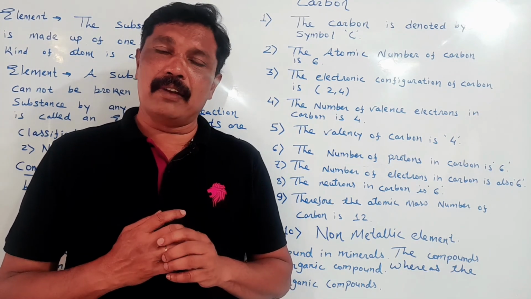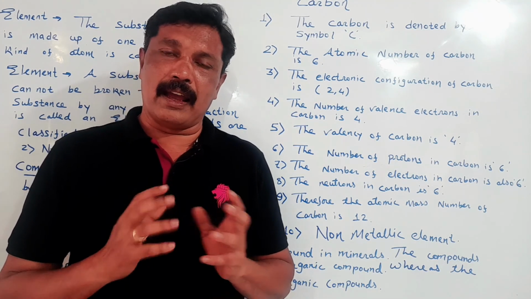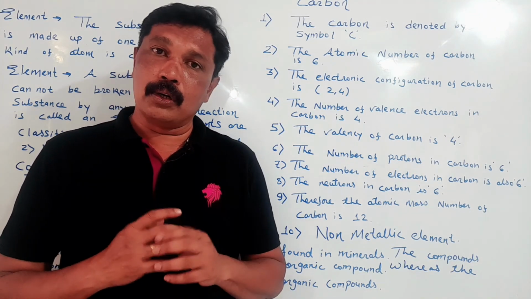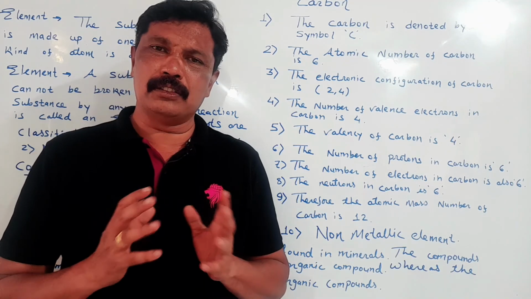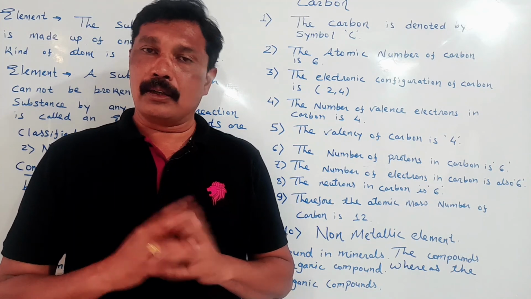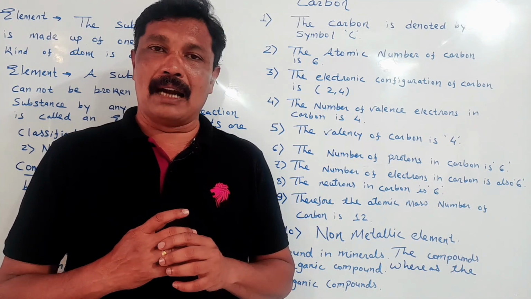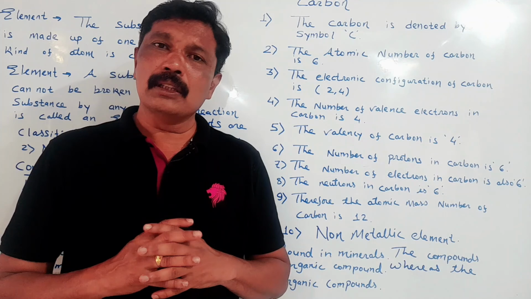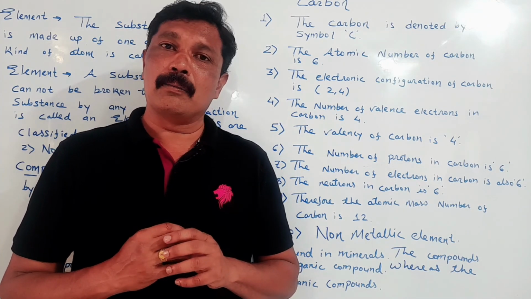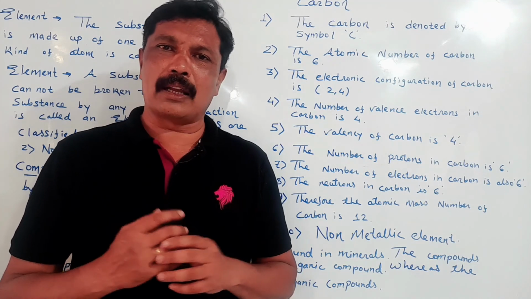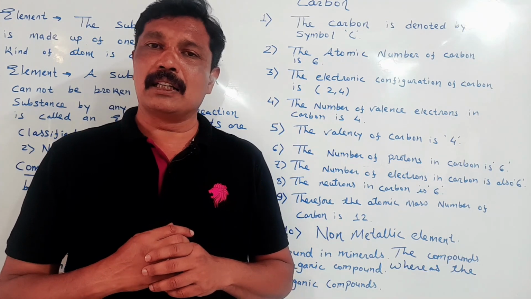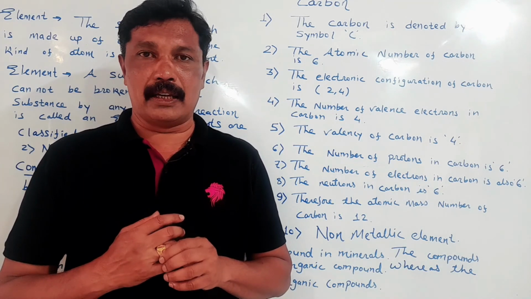We have seen that whenever there is a chemical reaction and a new substance is formed from two or more elements in a fixed ratio, we call it a compound. My dear student, compound is found in plants and animals. Compound is also found in minerals. The compound which is found in plants and animals is said to be organic compounds, and the compounds which are found in minerals are said to be inorganic compounds.